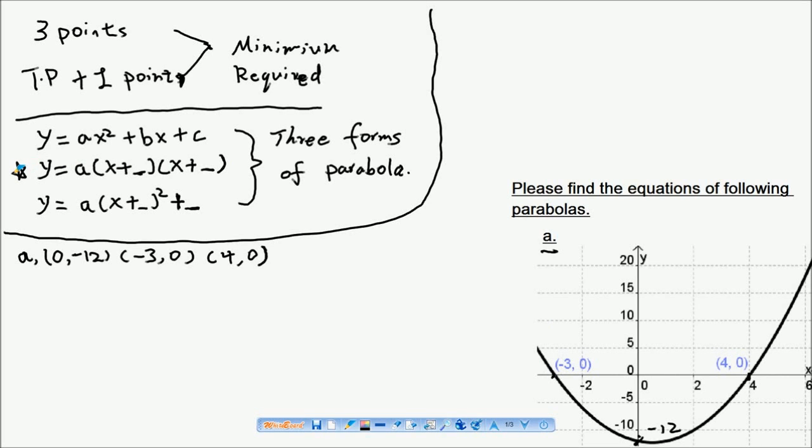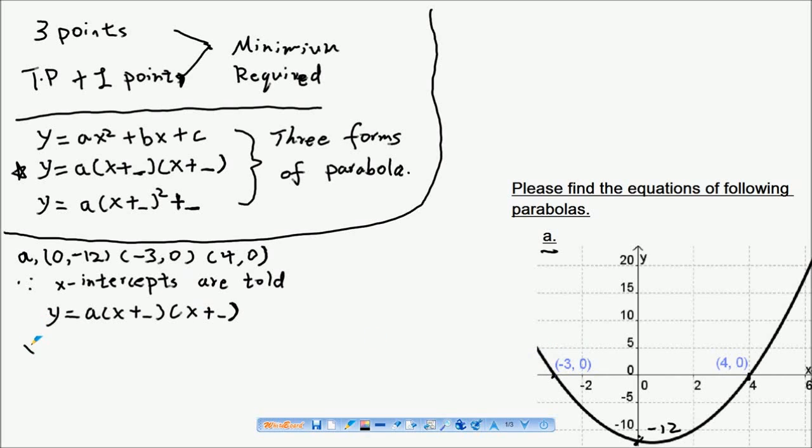Because we know the x-intercepts, it's simple to use this formula. So we have y equals a times bracket x plus a number, and bracket x plus another number. Now we look at the graph.